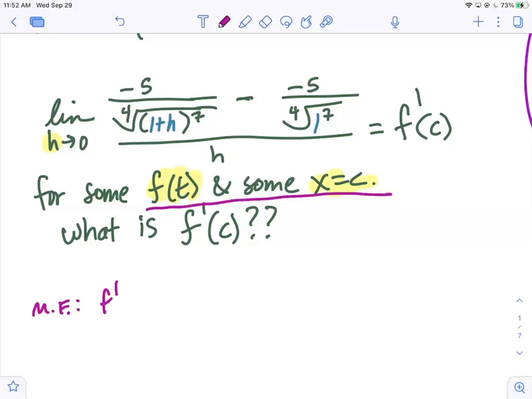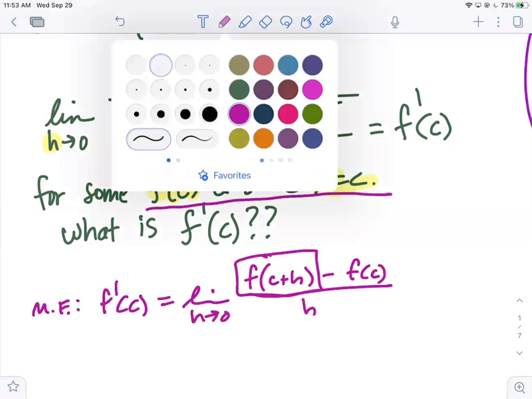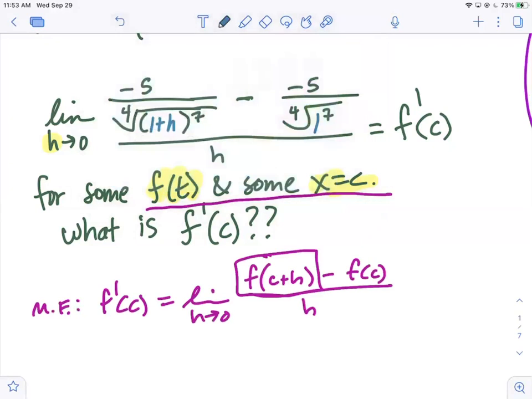It's going to be f prime of c is the limit as h goes to 0 of f of c plus h minus f of c all over h, right? This is really all you need to identify the function. Because in general, if you say, I don't like you, c plus h, you're staring now at f of x. And then if you peek underneath there, you can see the c value.